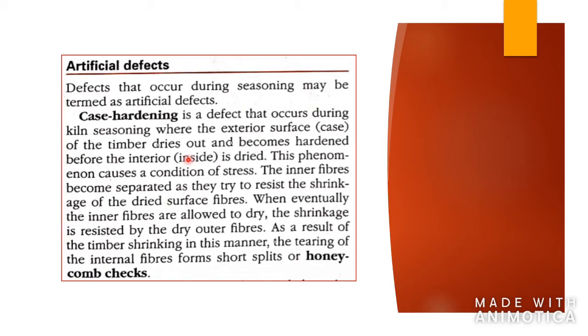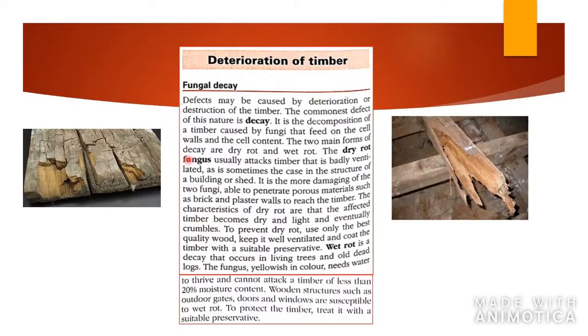We're going to move on now to the deterioration of timber, and this can happen over time if you don't take care of your timber. Defects may be caused by deterioration or the destruction of the timber. The most common defect of this nature is decay, which is the decomposition of timber, caused by fungus that feed on the cell walls and the cell content.